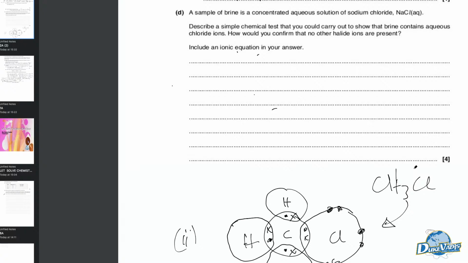Good. So this one in the lab, we say add a certain amount of silver nitrate aqueous solution. Okay, so we add to our solution and we stir. So when we add silver nitrate solution into the compound, it will form a white precipitate.